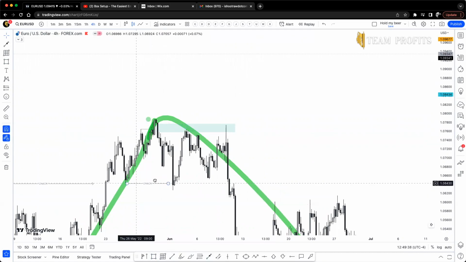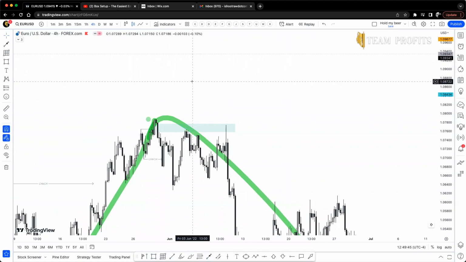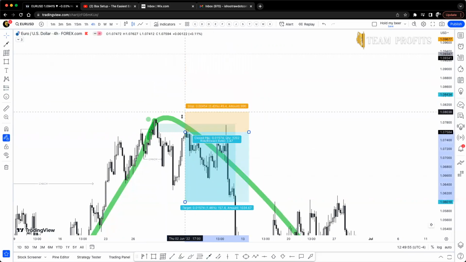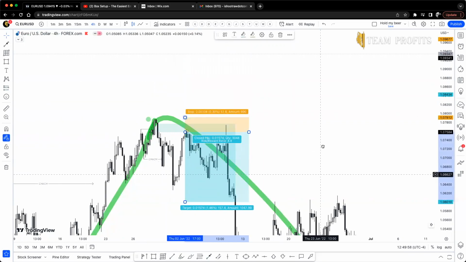Definitely the 15-minute. We had this break right here, we actually had the change of character right there. Boom, market came up, mitigating that fair value gap. In this case, your entry would have been there, your stop above that high, and your take profit.